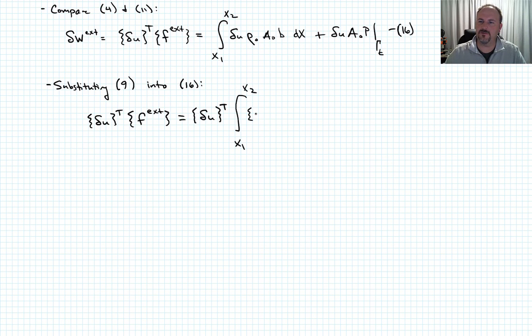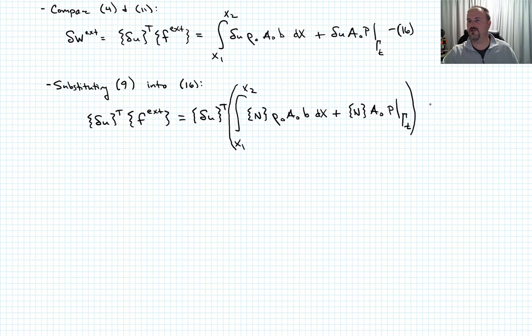And now this becomes n times rho naught a naught b dx. I'm going to put a parenthesis here so it multiplies the whole thing. Then this term here becomes plus n times a naught times p evaluated at the traction boundary, right? Let's call that equation 17.